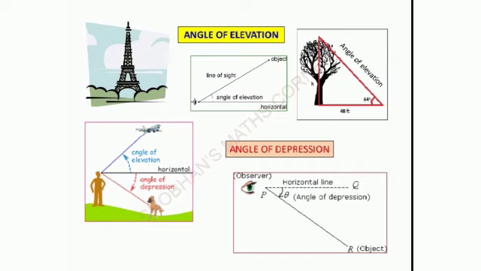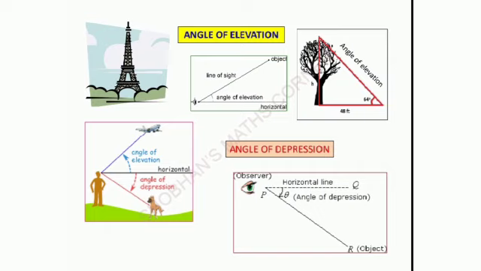So relative to the horizontal level, if it is above, that is the angle of elevation, and this is the angle of depression. The line through which you are looking, as you can see in this figure, the man is looking at the aeroplane, that blue line, that is the line of sight. He is looking at the dog, that is the red line, that is a line of sight.